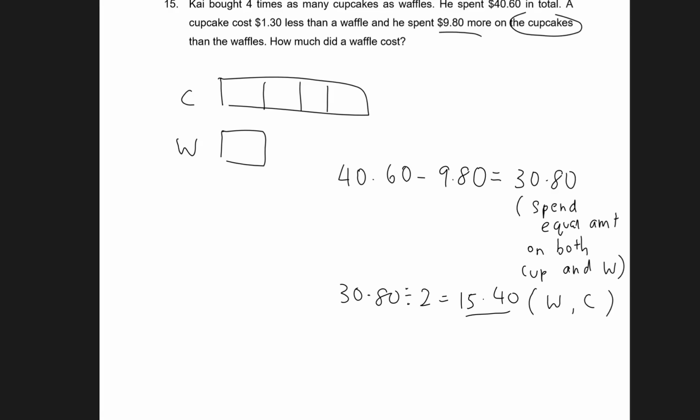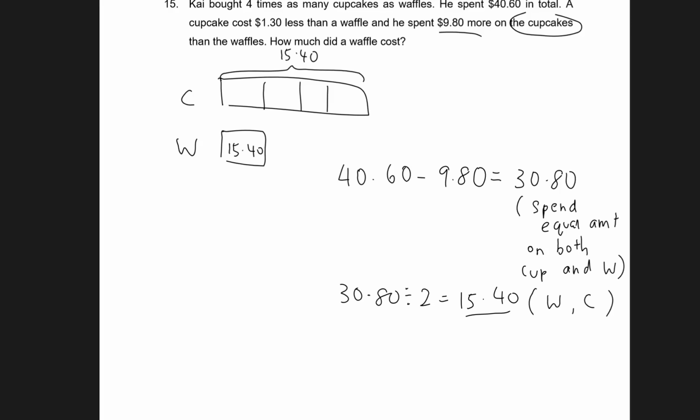Okay. Now, if he's going to spend an equal amount on cupcakes, 15.40, we're going to have a 15.40 here. Now, in real life, in this real story, we know that he didn't just spend 15.40 on cupcakes. We were lying to ourselves.